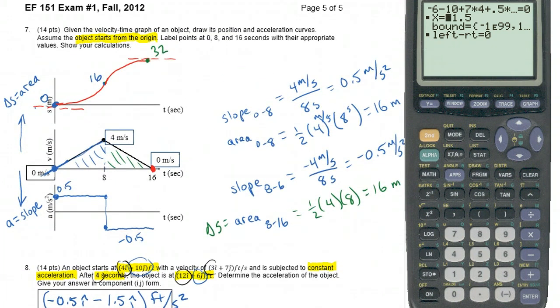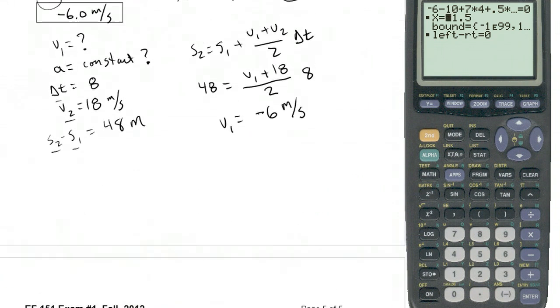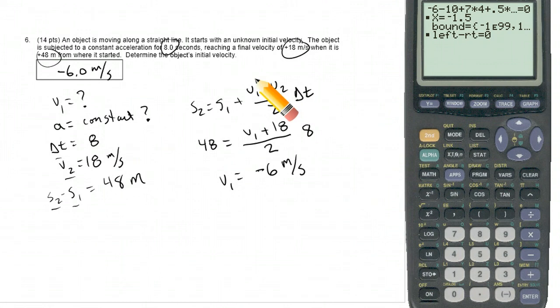Going back here, I had graphs. It said label all my points. So I've done that here and here, here and here, and I filled in the graph. I've shown my calculations. Okay. Let's see, we're looking for an initial velocity, keyword velocity, so that is going to be a direction.